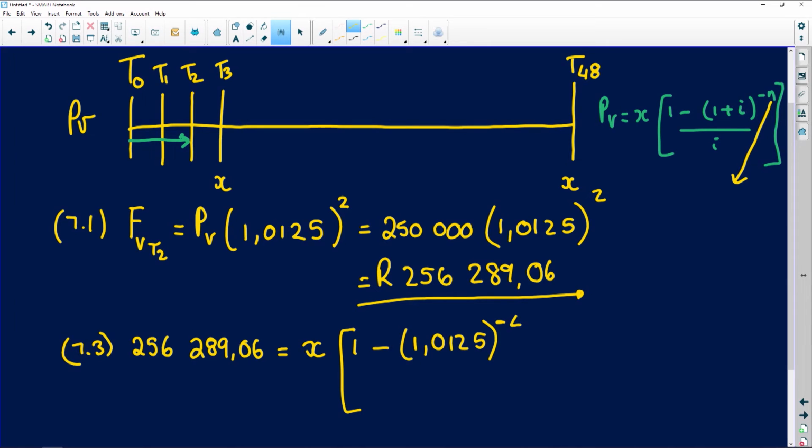So instead of being 48, there are 46 payments in this annuity. Make a note of that, folks. The n in the annuity formula is not the period of the loan. It is the number of payments inside the annuity.